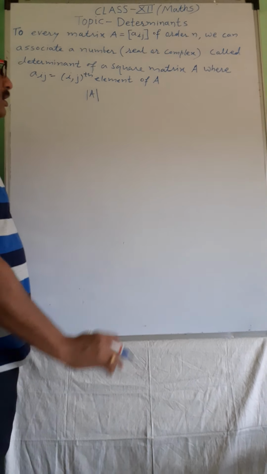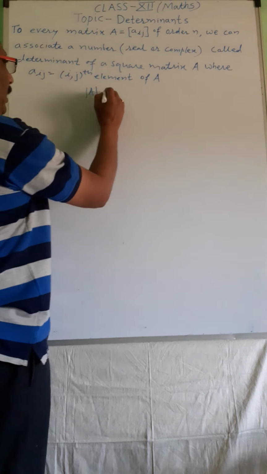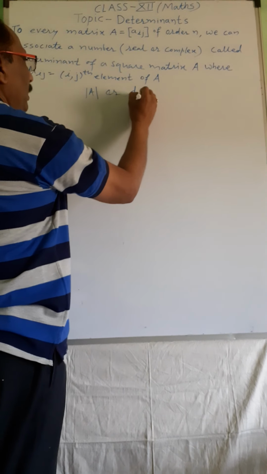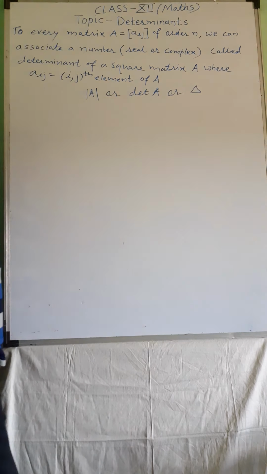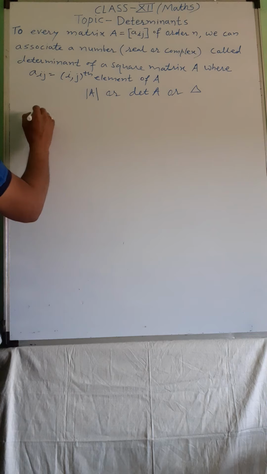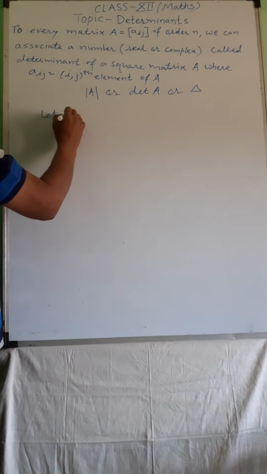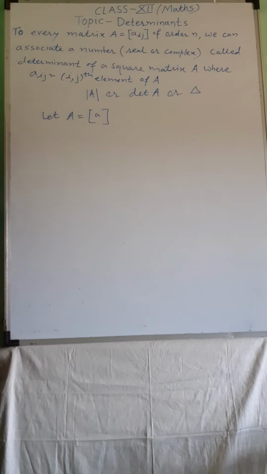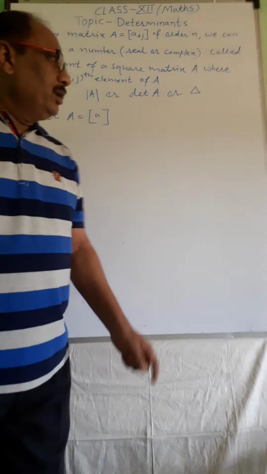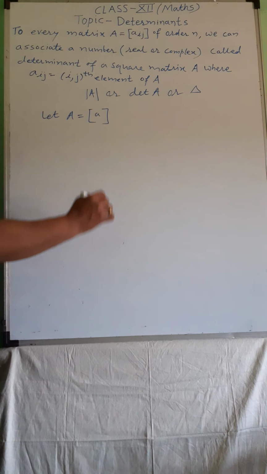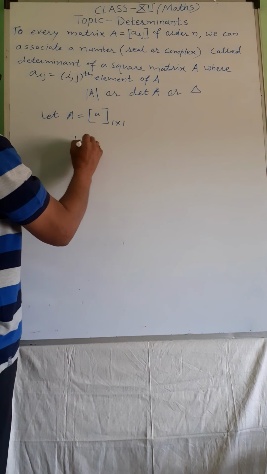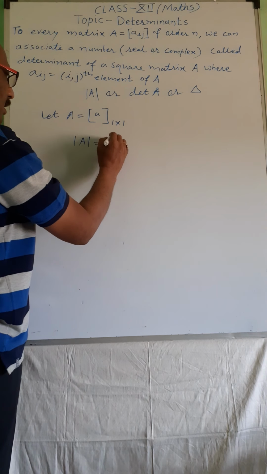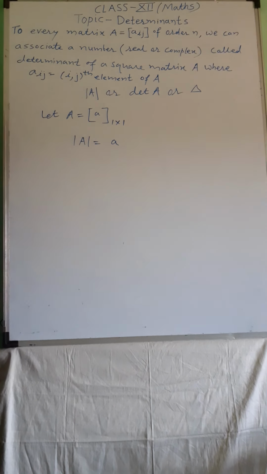Suppose A is an elementary matrix with only one element, a 1 by 1 square matrix. Then the determinant of A is equal to only that element a.